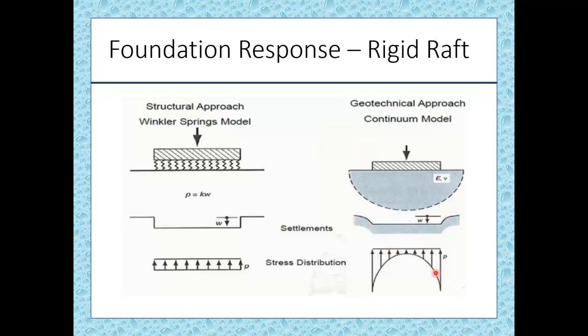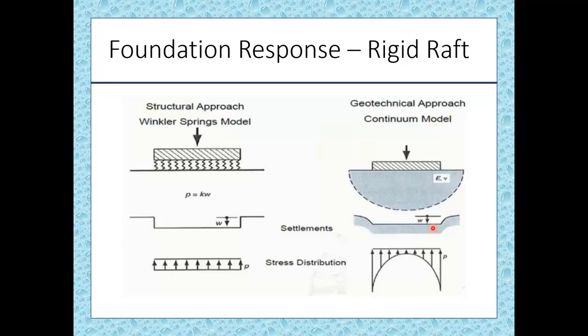Now, by the definition of the springs, at the edge of the raft we need higher springs than the springs at the center of the raft. We need to capture this stress behavior wherein we have higher stresses at the edge, and at the same time we need the settlement to be the same throughout the length. So that's the issue over here.